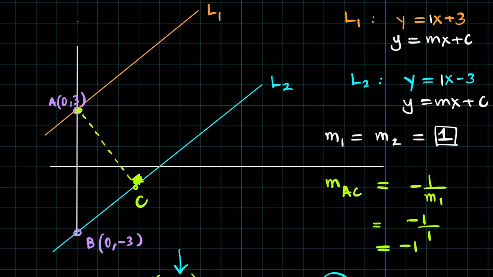Now, understand the scenario. We have this line AC, going like this. We have the line L2. They are intersecting at the point C. That means if I am able to find the coordinates of C, I can find the distance AC, and that is the perpendicular distance between parallel lines.